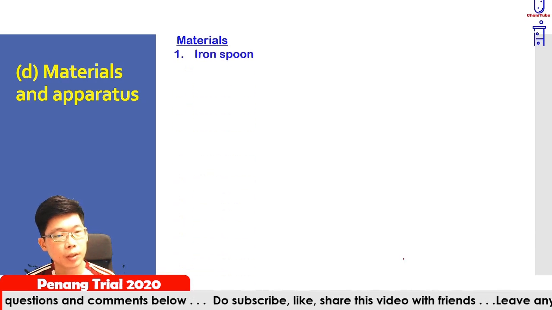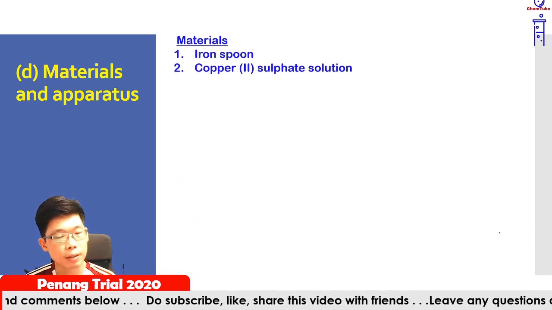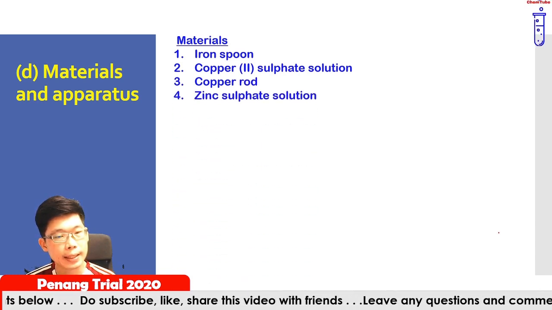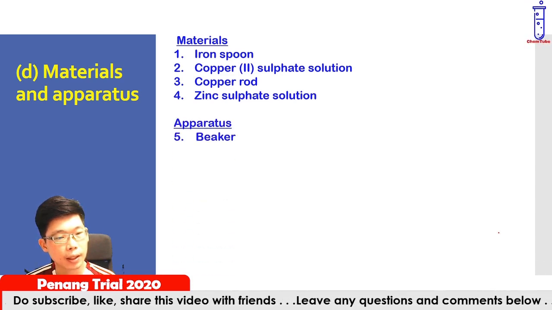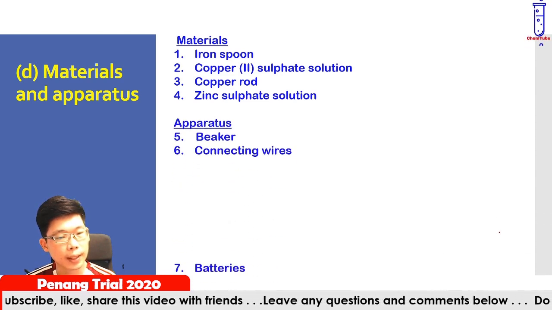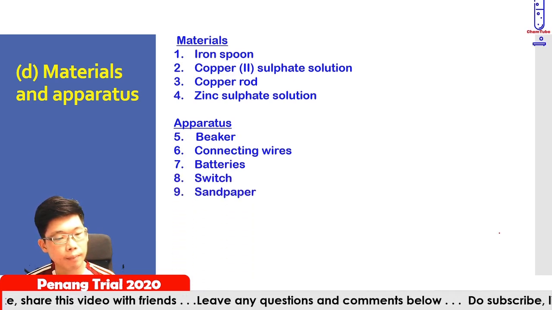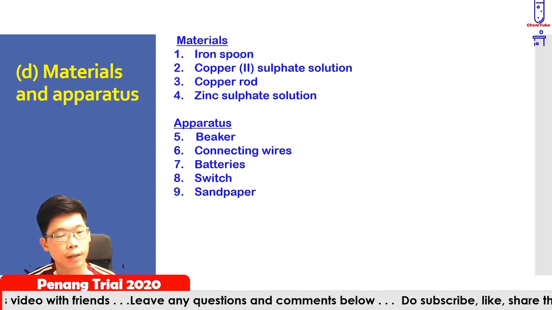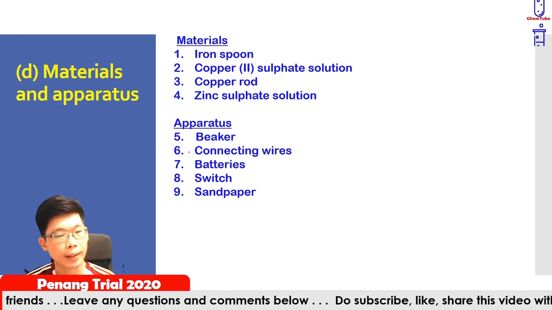The materials we use: iron spoon, copper 2 sulfate solution, copper rod or copper electrode, zinc sulfate solution. The apparatus we need: beaker, connecting wires, batteries, switch, and sandpaper. For score 3, you have to write 4 materials and 5 apparatus.